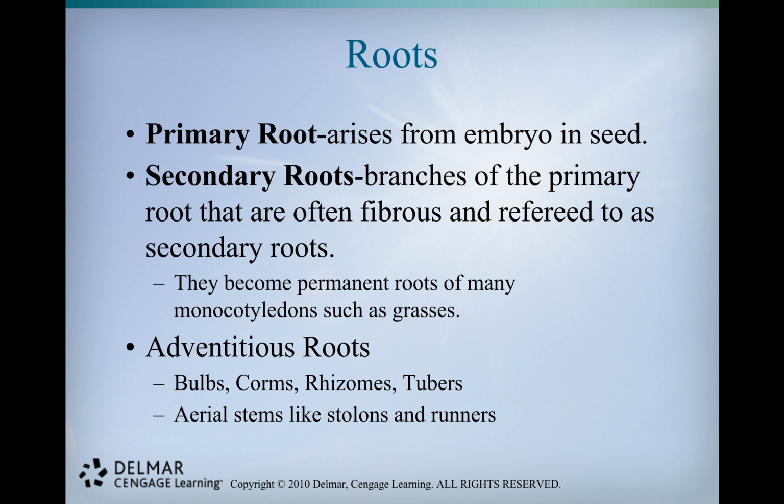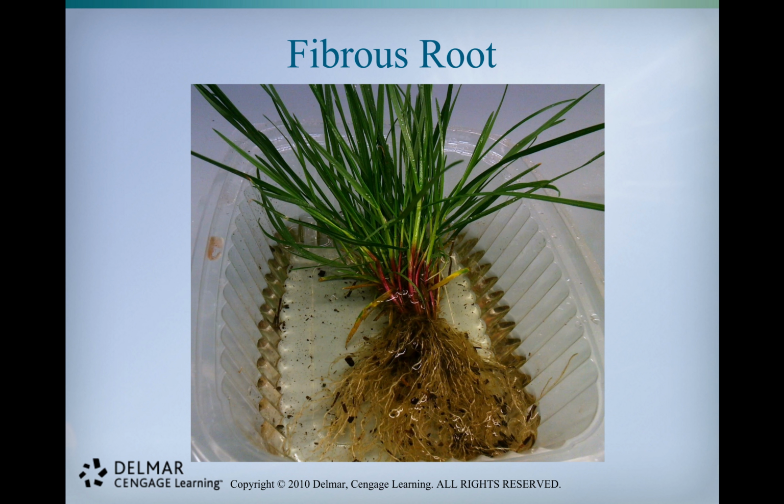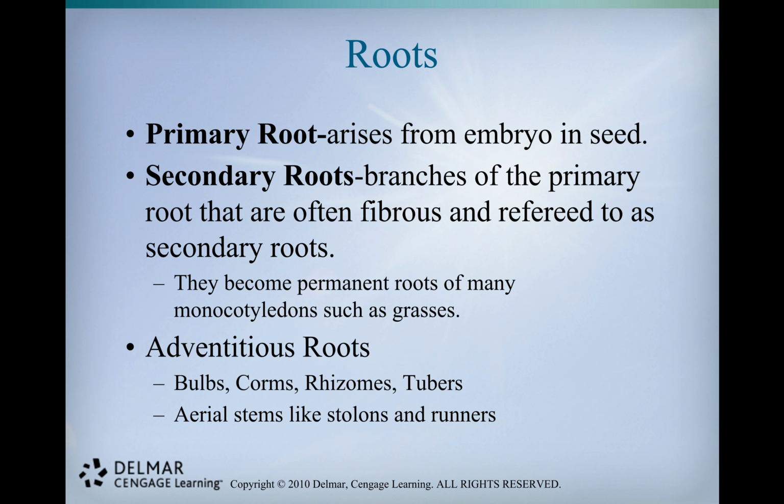So that is something I will ask you on the test. We're right after this fibrous root picture. Okay? Fibrous roots there, a lot of hairs. Okay. Monocots, fibrous roots. Dicots, taproots.